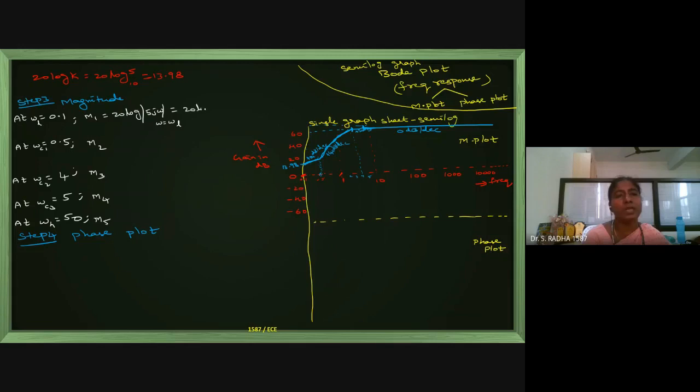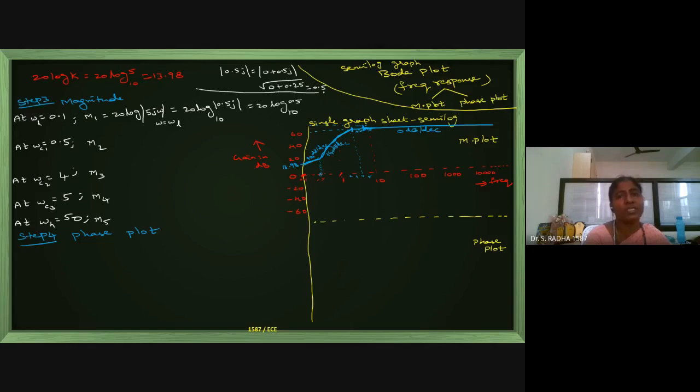It becomes 20 logarithm, modulus of, if you put the omega L value, this will be 0.5 j, modulus of 0.5 j base 10. Modulus of 0.5 j is of the form a plus jb. Real part is 0, imaginary part is 0.5 j. So magnitude means square root of real square plus imaginary square. Now it will come out as 0.5. Finally, it will be 20 logarithm 0.5 base 10.